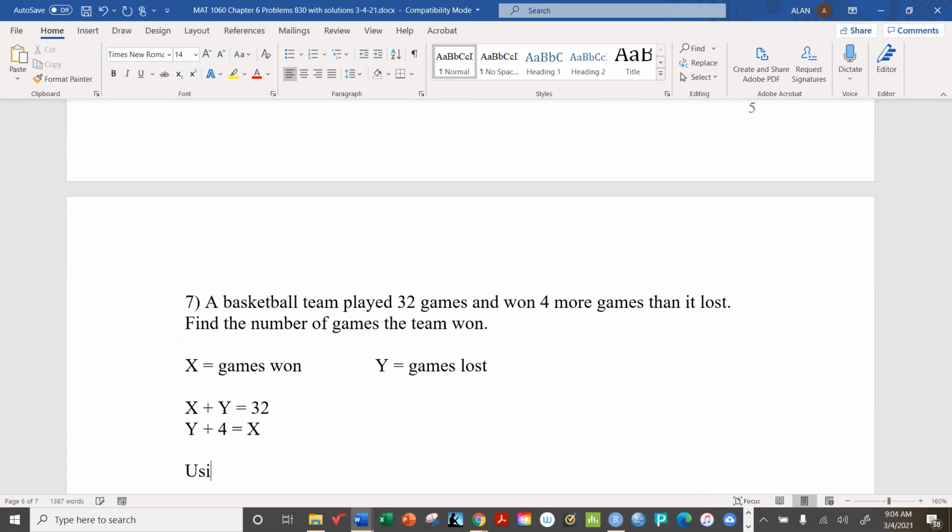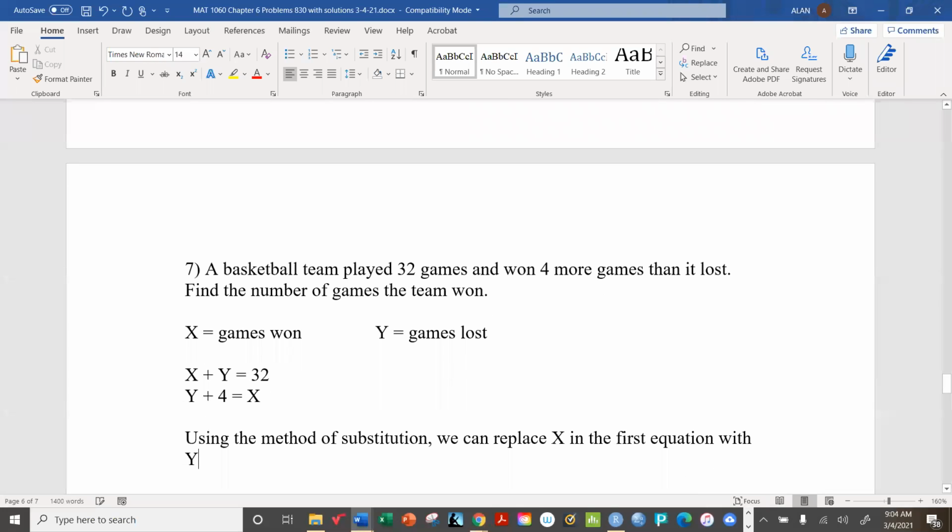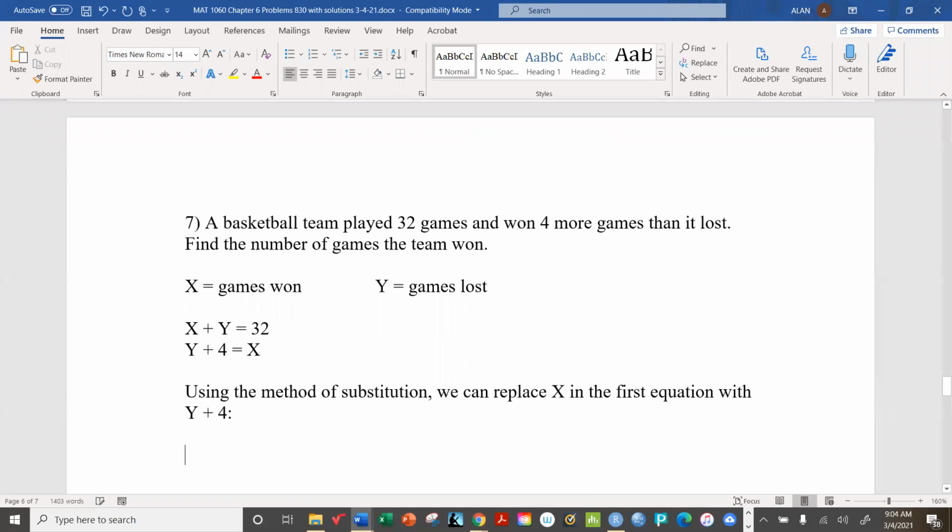Using the method of substitution, we can replace X in the first equation with Y plus 4. So we'll have Y plus 4 plus Y equals 32.